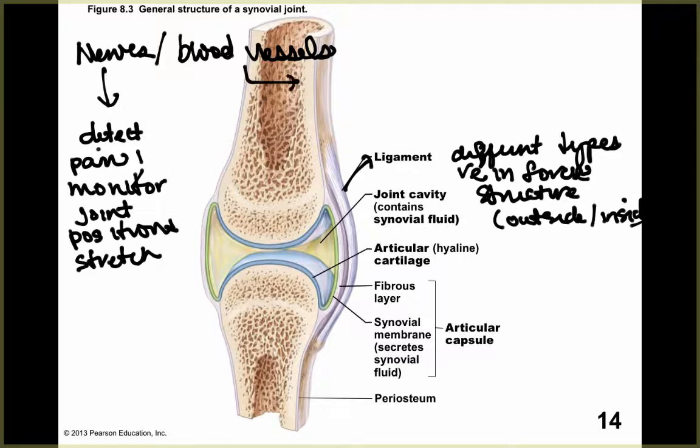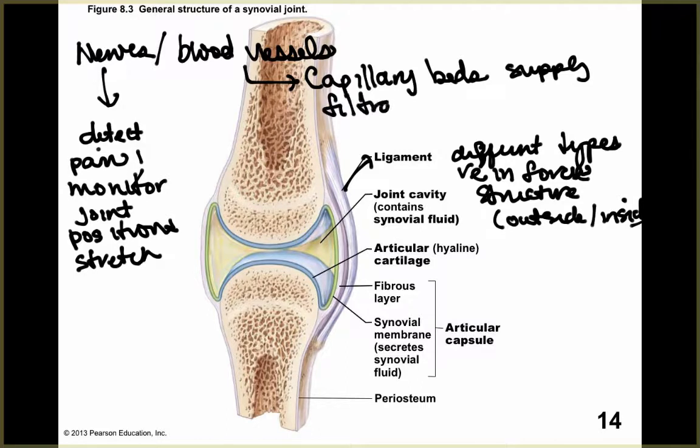And then the capillary beds, which you'll learn about in part 2 with the different types of blood vessels present in the body, one of them being capillaries. The capillary beds are what supply the filtrate for the synovial fluid.